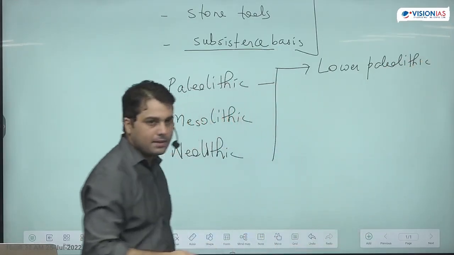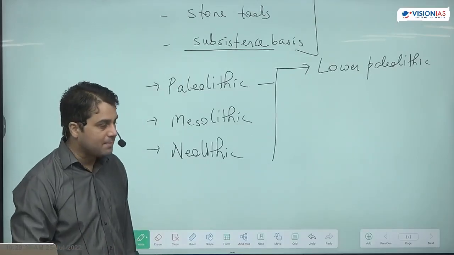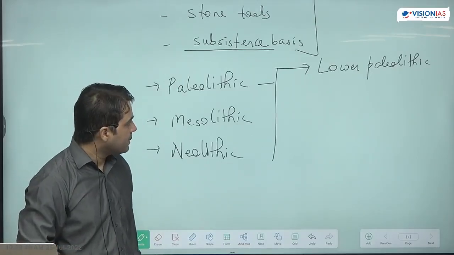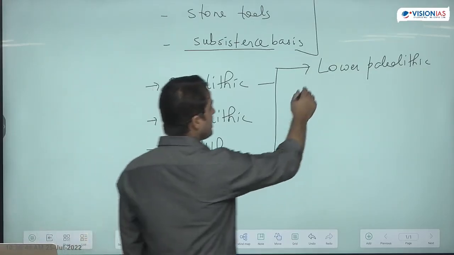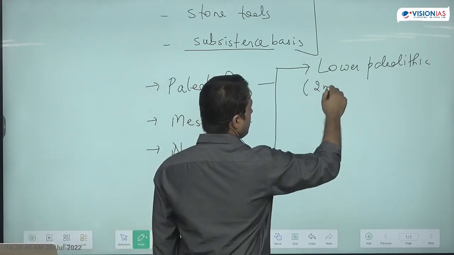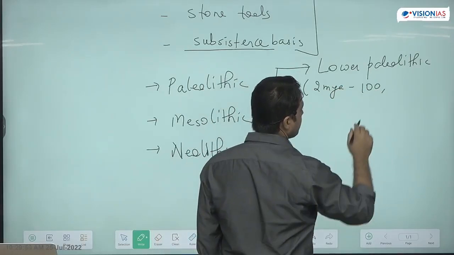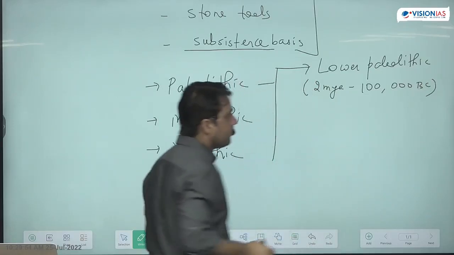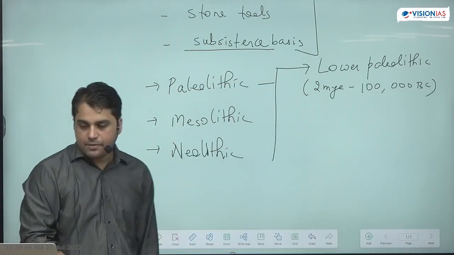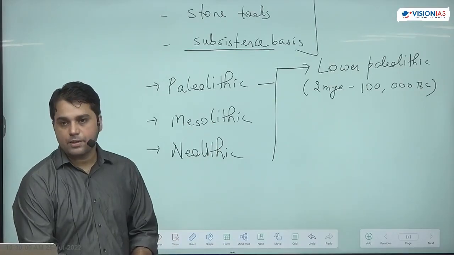Depending upon what source you are reading, it can have different timelines, especially the starting period can be different. The end period is the same. So the starting period can be as early as 2 million years ago, and it will end at 100,000 BC. So it in fact covers the largest period of human history.